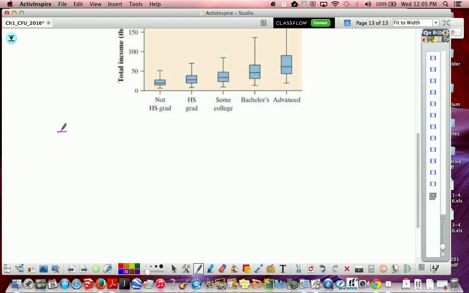So one of the things we notice is all 5 distributions are skewed to the right. That is definitely true.